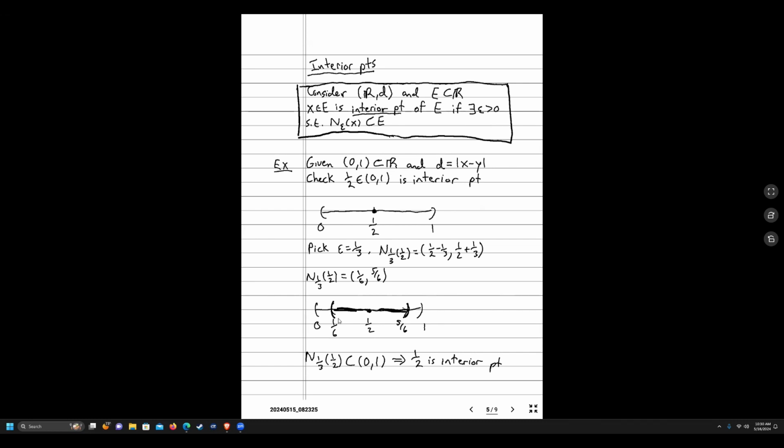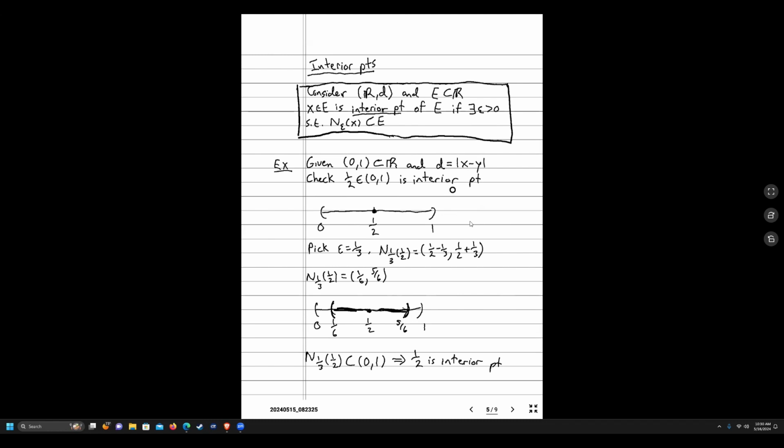Here I go through just an example. So given the open interval 0 to 1, a subset of the reals, and the distance being the absolute value, I'm going to check that 1/2 is an interior point of the open interval 0 to 1. All right, so as long as I produce an epsilon, because it just says there exists an epsilon, then I can make that epsilon neighborhood contained in 0, 1.